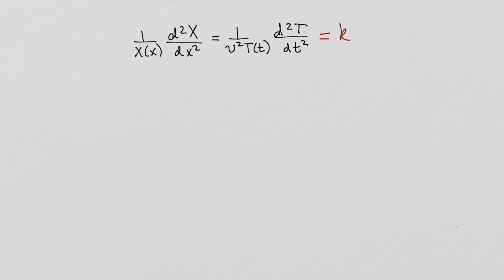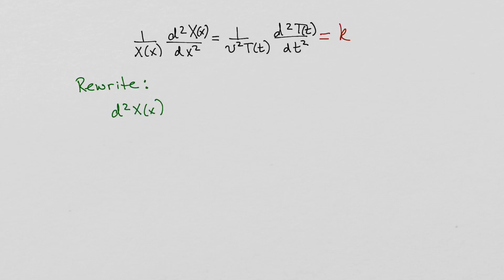Okay, so now we have our separated variables. We've set each side of that equation equal to a constant k. So now we just want to rewrite them. Okay, so we'll take our left-hand side first. Okay, so that's our d squared X of x. Oh, and I keep forgetting my little symbols. Okay.